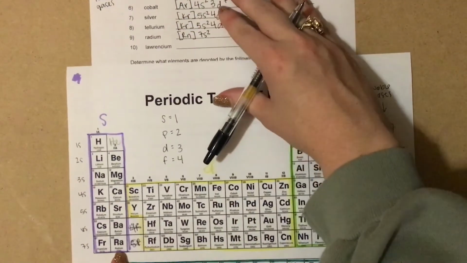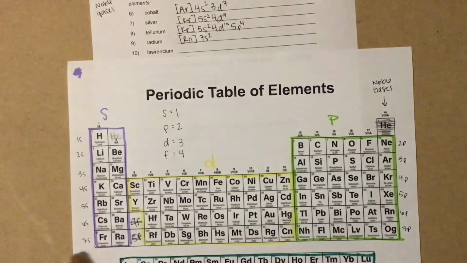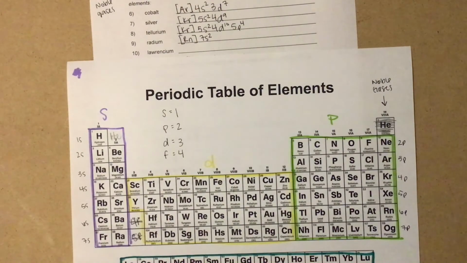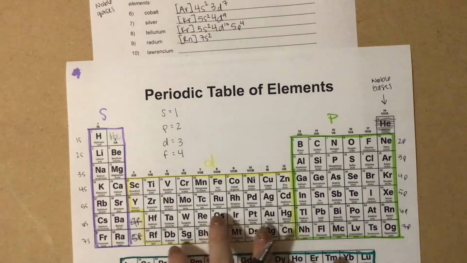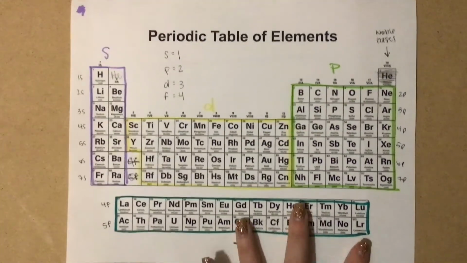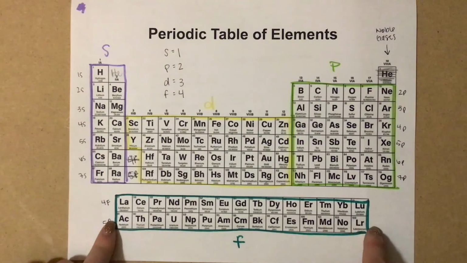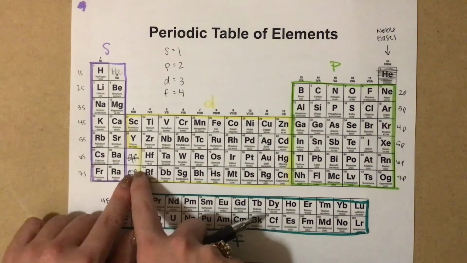The last one in this section is lawrencium. I don't know that abbreviation off the top of my head, so I'm going to have to look for it. Lawrencium is the very last one in this 5f sublevel. Since it's down here, you have to remember this period fits in right here.